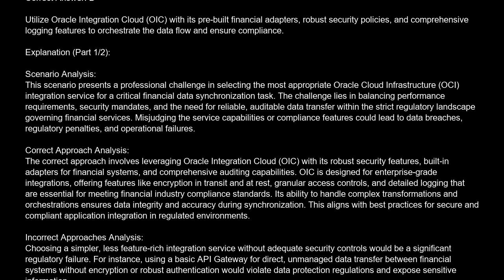Incorrect approach analysis. Choosing a simpler, less feature-rich integration service without adequate security controls would be a significant regulatory failure. For instance, using a basic API gateway for direct, unmanaged data transfer between financial systems without encryption or robust authentication would violate data protection regulations and expose sensitive information.